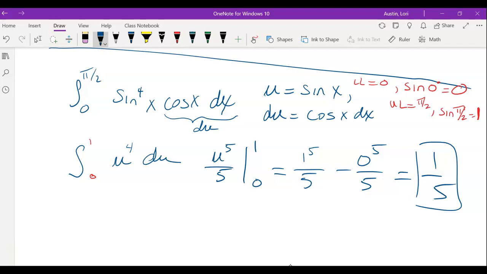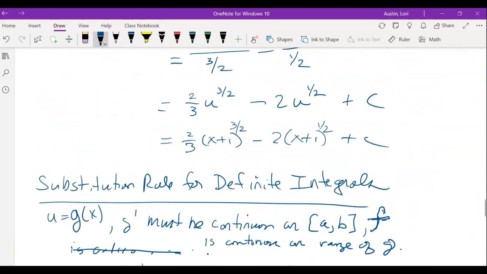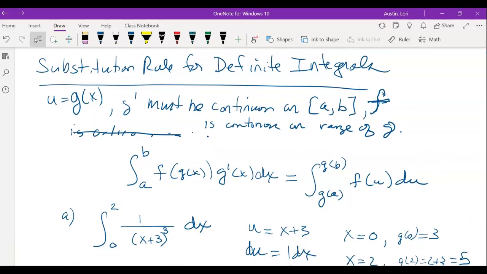We took the lower limit of 0. And if you recall from the original theorem, let's go back to the original theorem for a second. G, which represents your inner function, which is your u, you replace the lower limit with what the value is at g, and you replace the upper limit with g sub b.